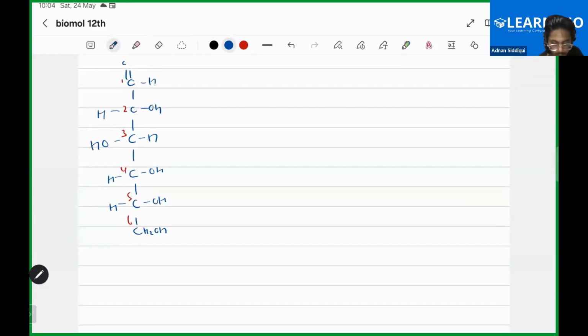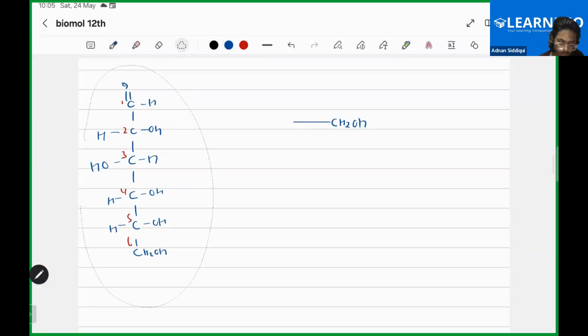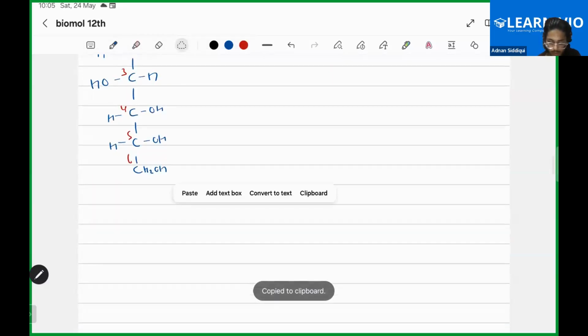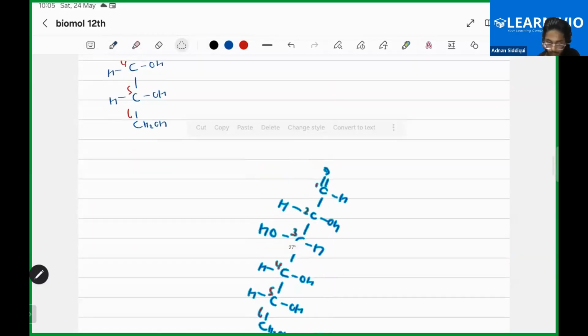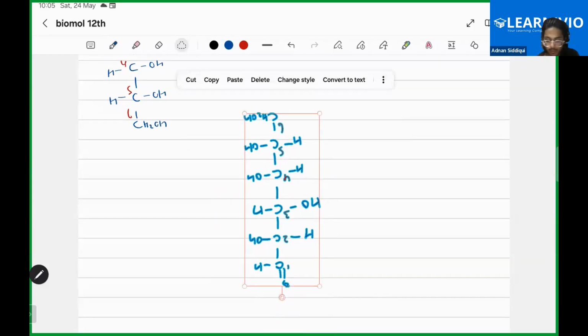So we have this variable bond OH. I am trying to rotate it like this, with this CH2OH at the top. First of all you need to do this. You have your ring, and you are rotating it like this. Yes, sir.